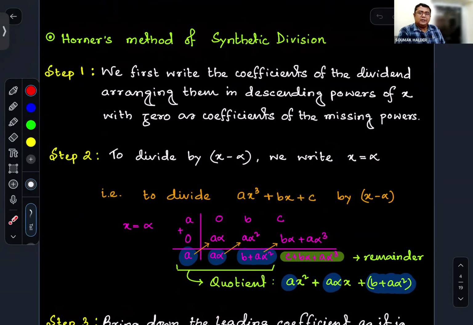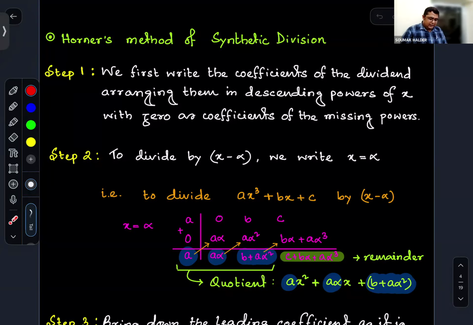If we are performing the division with a 1-degree polynomial with leading coefficient 1, so a monic linear polynomial in the form of x minus alpha, we will write x is equal to alpha at the beginning of the solution. It's part of the decorum maintaining. It has nothing to do with the process.